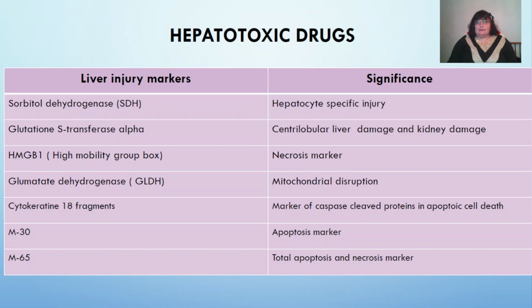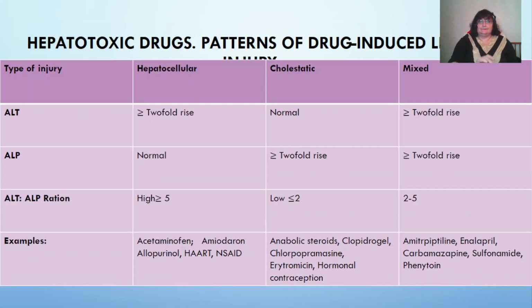HMGB1, high mobility group box 1, is a necrosis marker. Glutamate dehydrogenase indicates mitochondrial disruption. Cytokeratin 18 fragments are markers of caspase-cleaved proteins in apoptotic cell death. M30 is an apoptosis marker. M65 is a total apoptosis and necrosis marker.